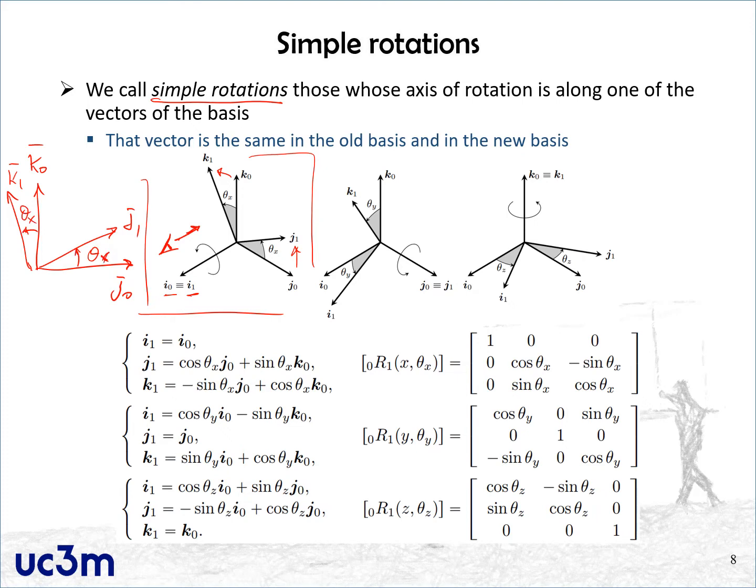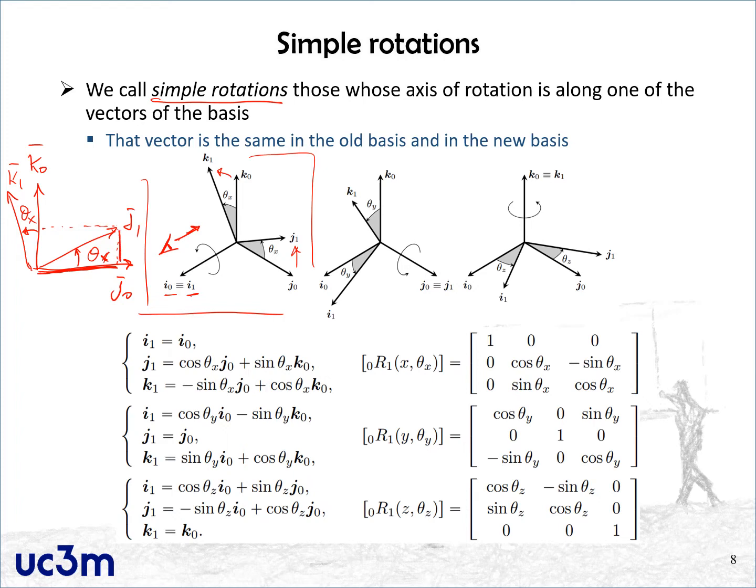Using this type of auxiliary diagram, it's very easy to write down the expression of J1 and K1 in the old vector basis. We just need to use some trigonometry. For example, for the case of J1, we can project on J0, and we see that what we have here is the cosine of the angle, and along the vertical line, we have the sine.